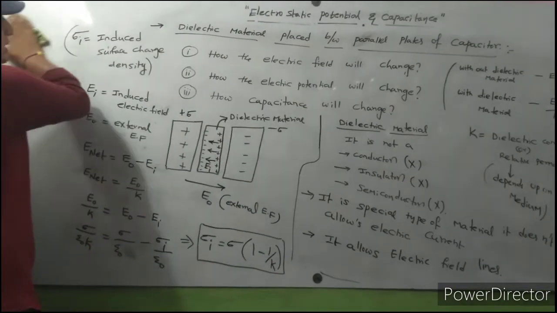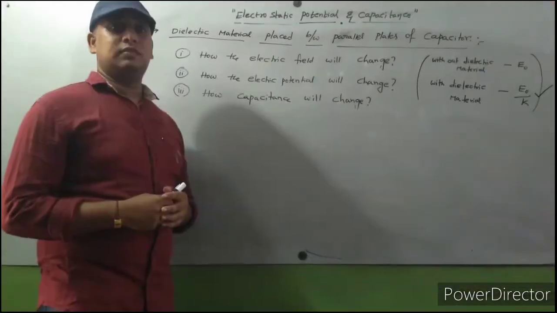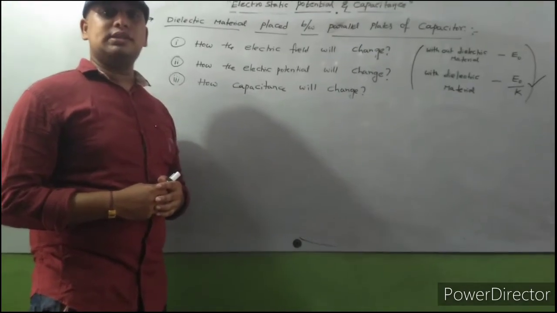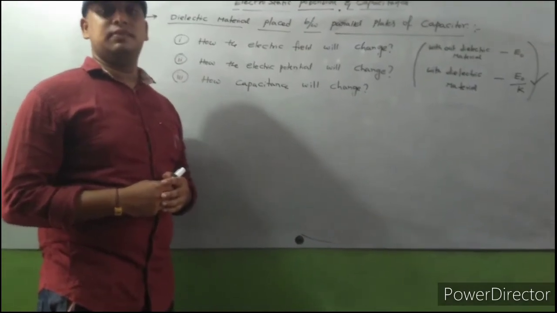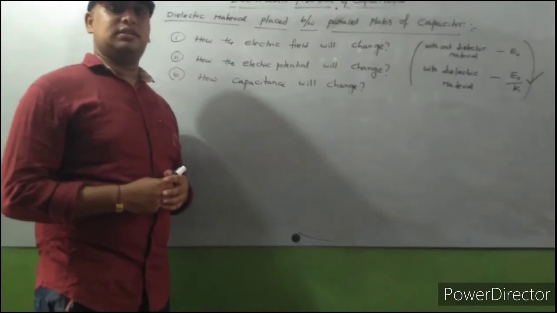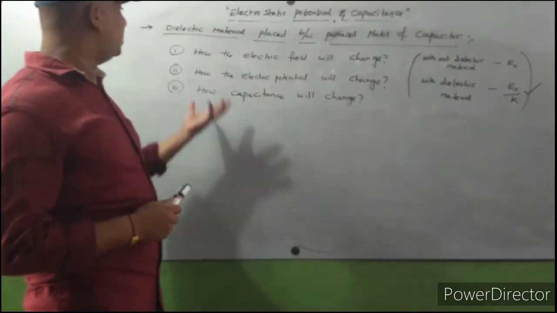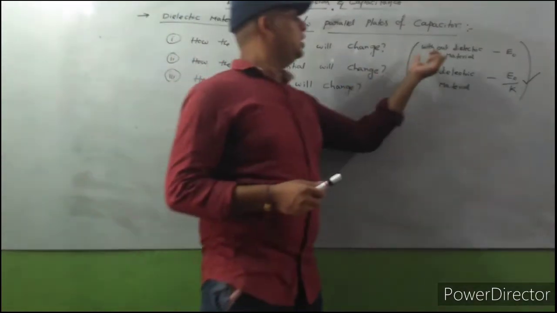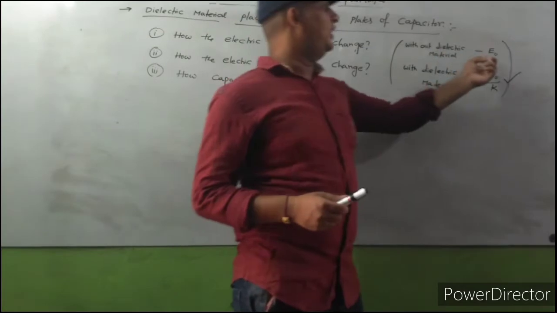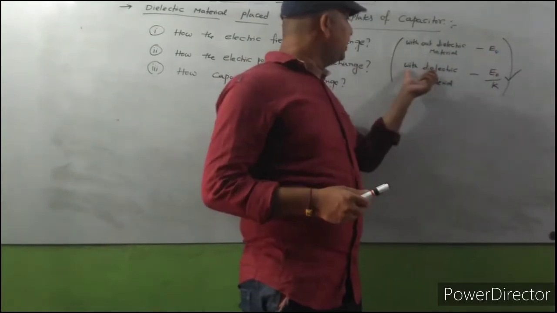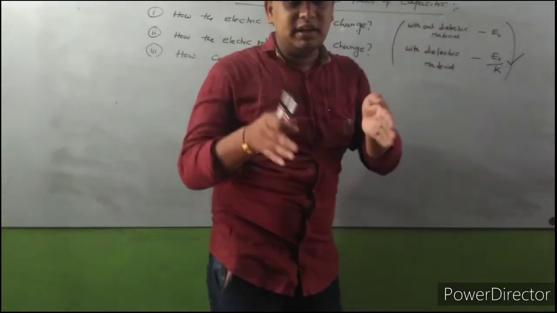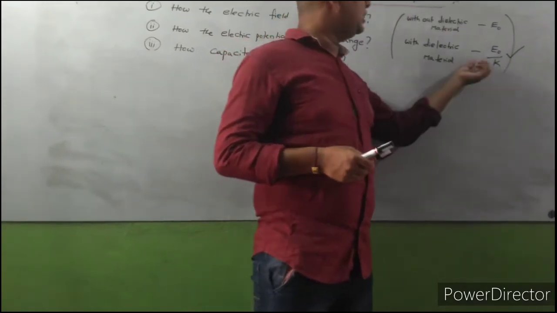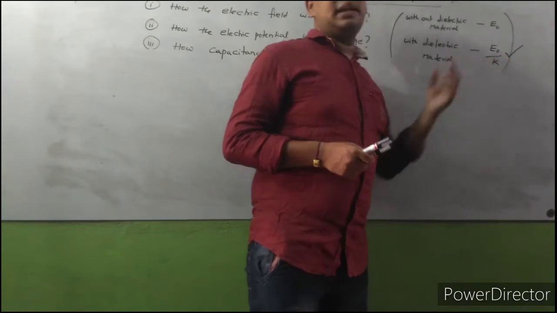To continue my lecture on electrostatic potential and capacitance, we discuss the continuation of this topic. Without dielectric material the electric field is E naught; if dielectric material is present between the parallel plates, the electric field becomes E naught by K.